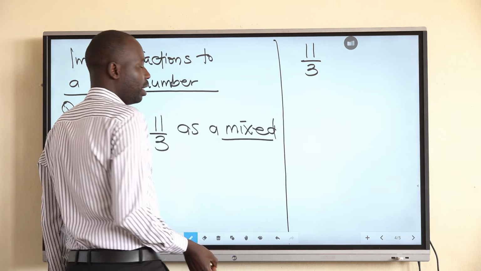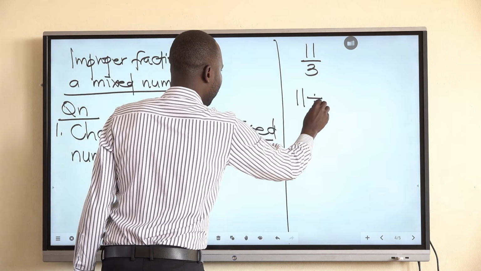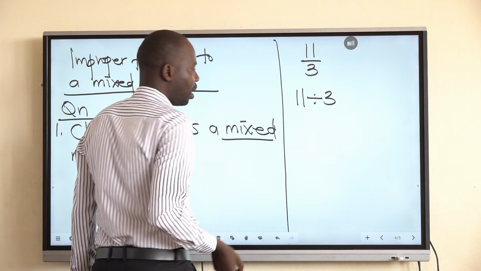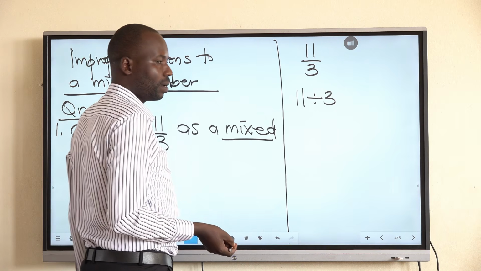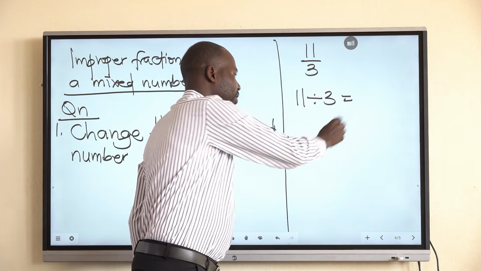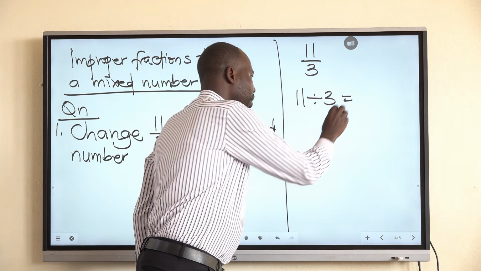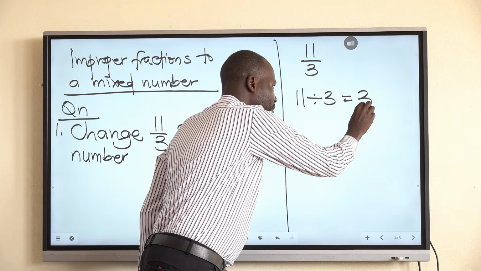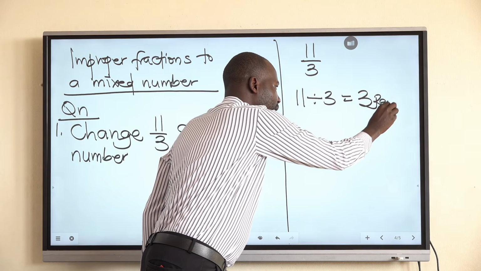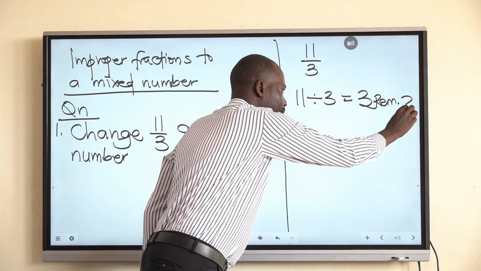What we do here is to divide 11 by 3, and we get the result plus the remainder. For this case, 11 divided by 3 will give you 3 with some remainder, and that remainder is 2.